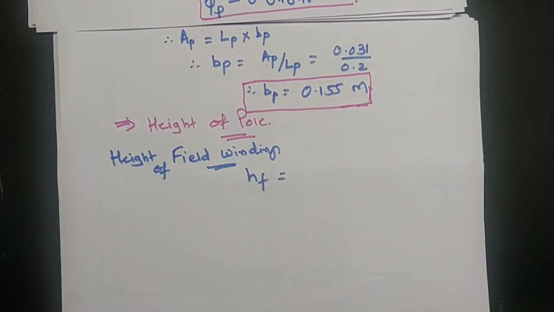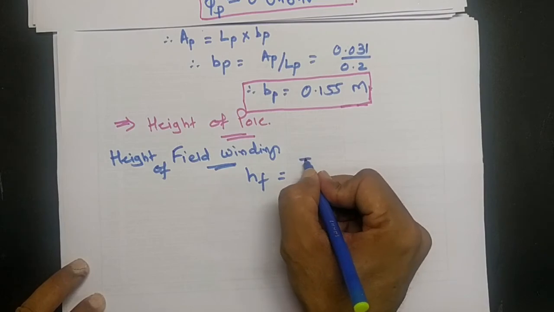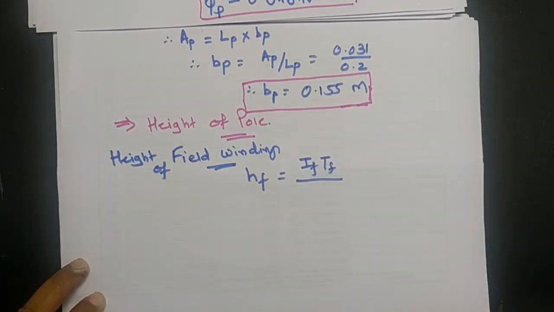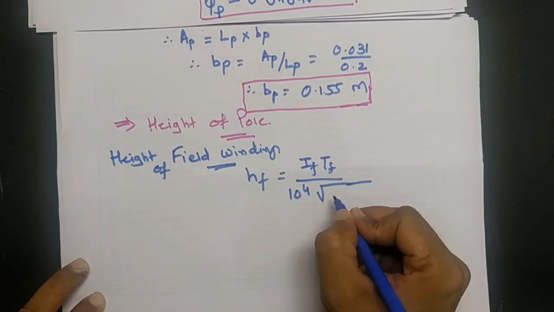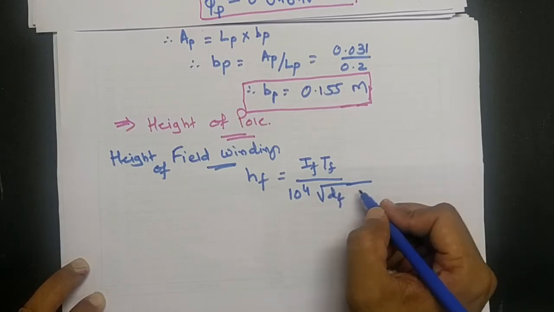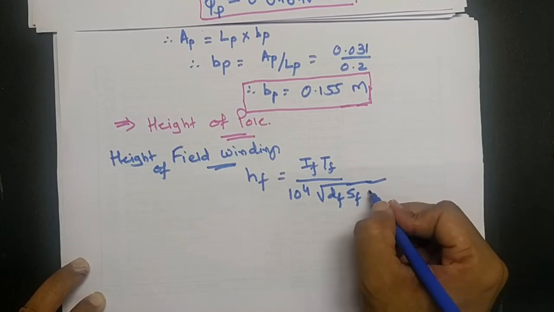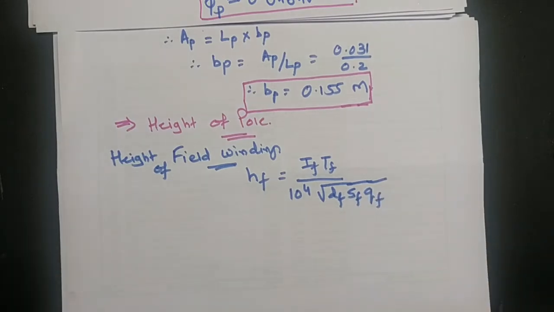We have one equation to calculate the height of the field winding: IFTF, that is full load field ampere turns, divided by 10⁴, and we have DF, that is depth of the field winding, SF, that is space factor, and specific loss, that is QF.